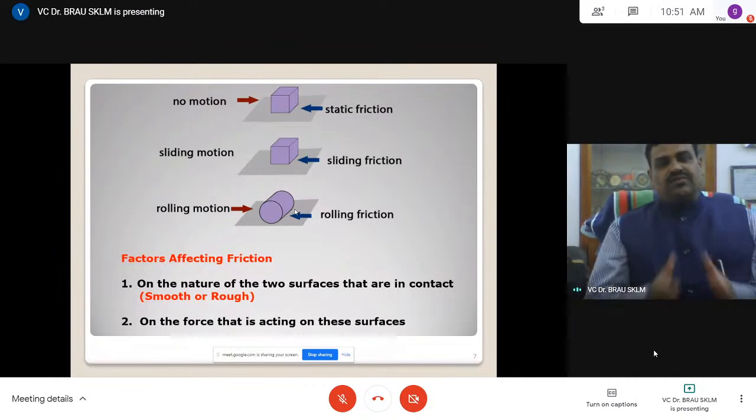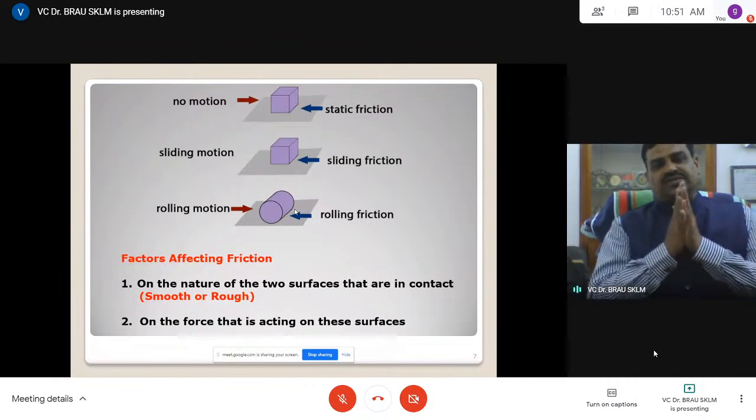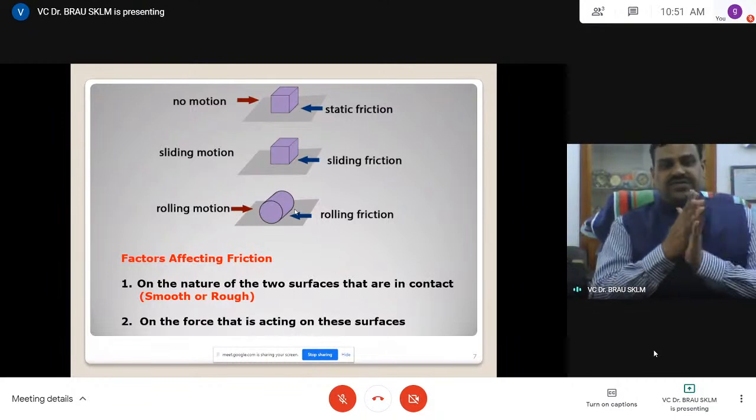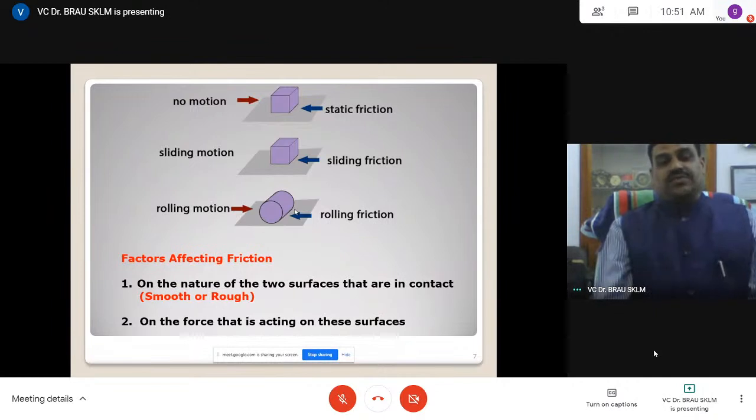And the nature of it: when I am rubbing the two surfaces, some hands are very smooth, some hands are rough in nature. The persons who are working in the field, if you look at their hands, a lot of roughness is there. That is how smooth and rough surfaces, you can give a number of examples.